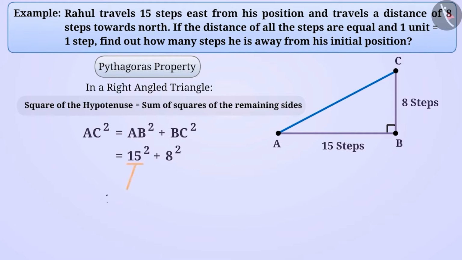We get 15 square is equal to 15 multiplied by 15 is equal to 225. Similarly, we get 8 square is equal to 8 multiplied by 8 is equal to 64. Since 225 plus 64 is equal to 289, hence the hypotenuse AC square is equal to 289.